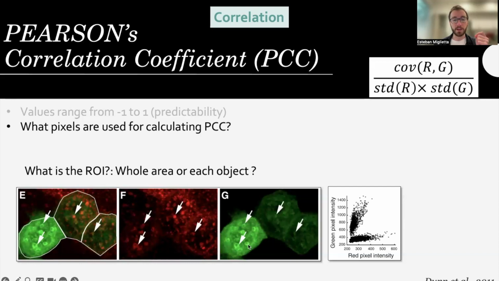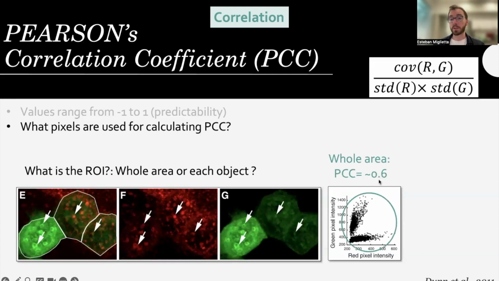You can see that this particular cell is brighter than these other two in green, but not so much in red. What that gives us when we plot the fluorogram is that we have two different tendencies. Both are linearly correlated, so you actually have a high correlation in each cell.